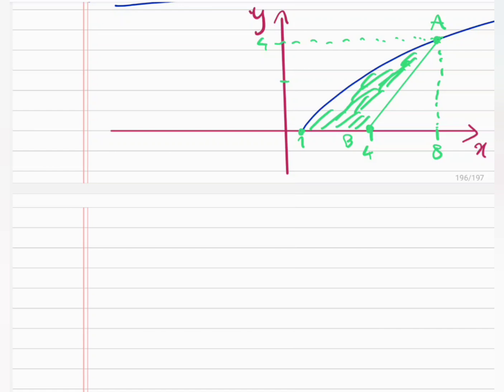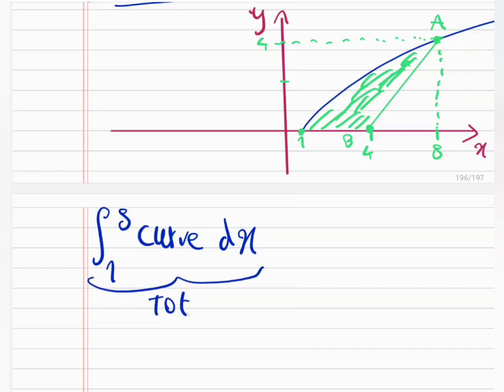So let's just write like this for now, dx. So this is going to give us the total area. So the total area means the area of the green region, which is R, plus the white region. But obviously we want to exclude the area of the white region, so we need to take that away. So the area of the white region.